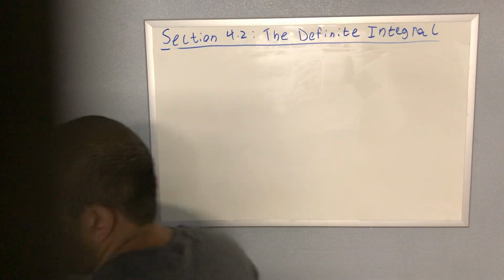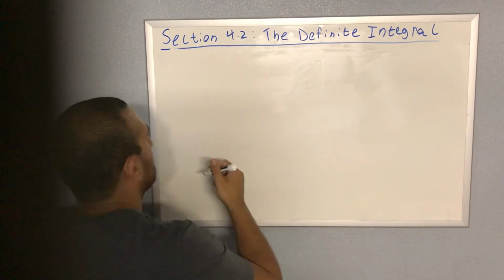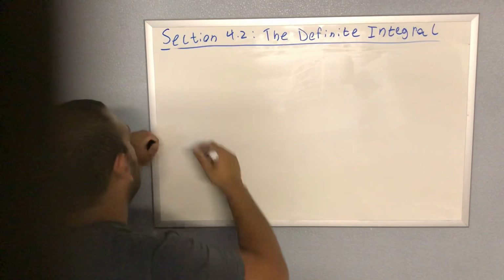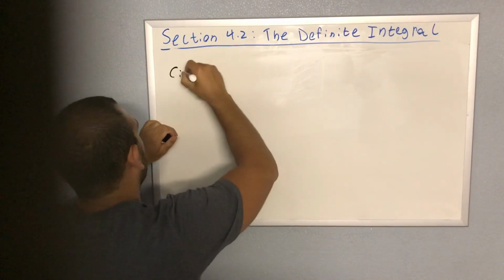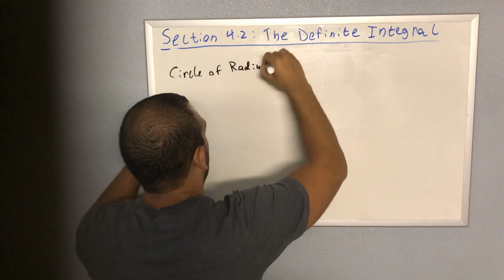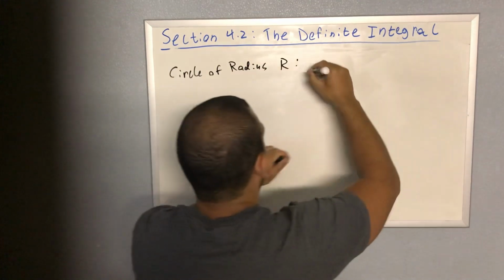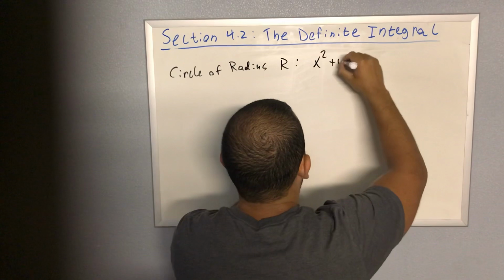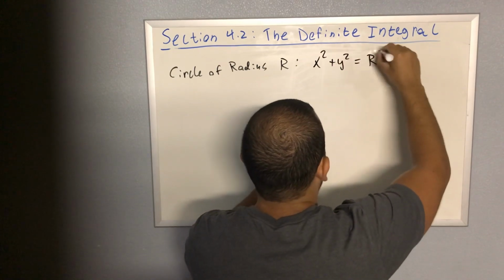Okay, so remember, what was the equation for a circle? So a circle of radius r had this equation. X squared plus y squared equals r squared.